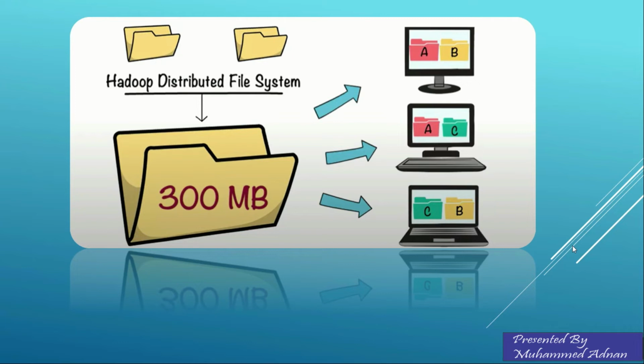If you have a huge file, your file will be broken down into smaller chunks and stored in various machines. When you break the file, you also make copies of it, which go into different nodes. This way, you store your big data in a distributed way and make sure that even if one machine fails, your data is safe on another.